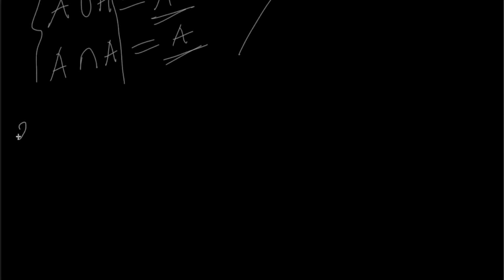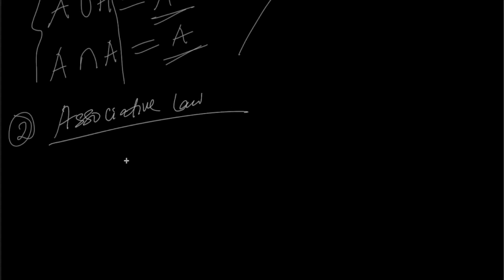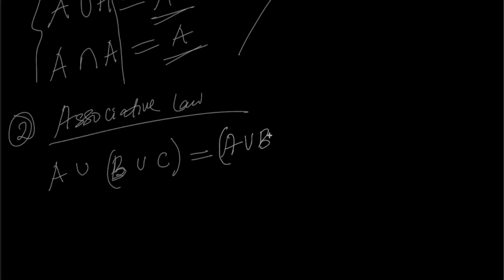Number two is the Associative Law. Under the associative law, we have this. If you have set A, set B, set C, then B union C, union A, is the same as A union B, union C. Look at it.